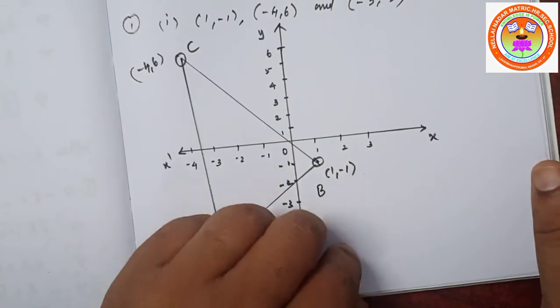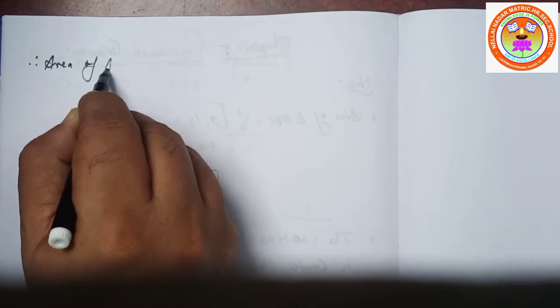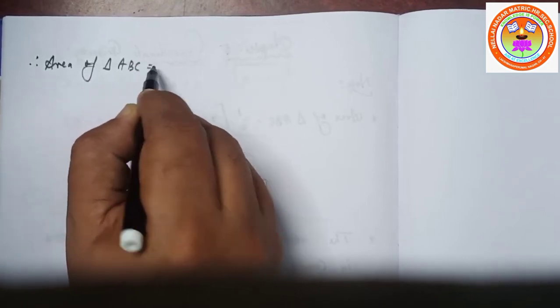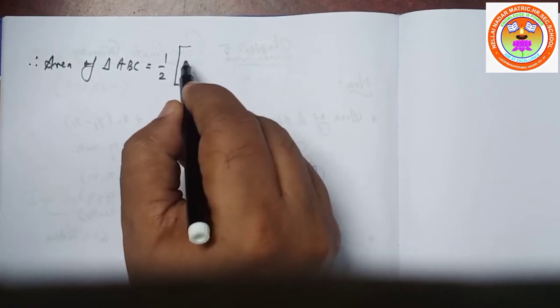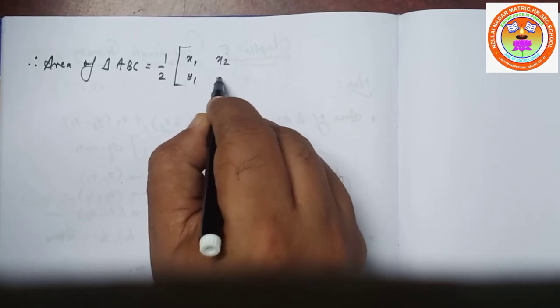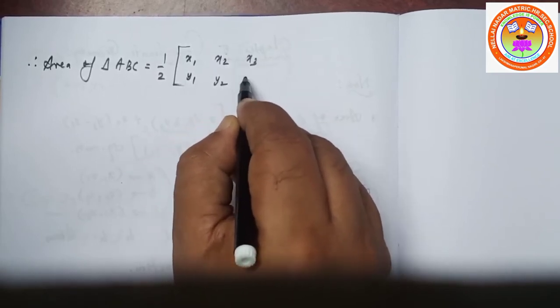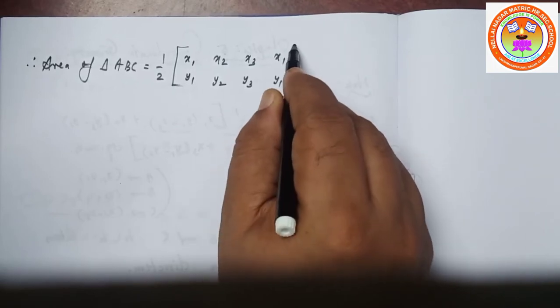Now write the formula, area of a triangle ABC. Therefore, area of triangle ABC is equal to half into, we can represent the formula in this way, x1 y1, x2 y2, x3 y3. Again you have to write x1 y1.